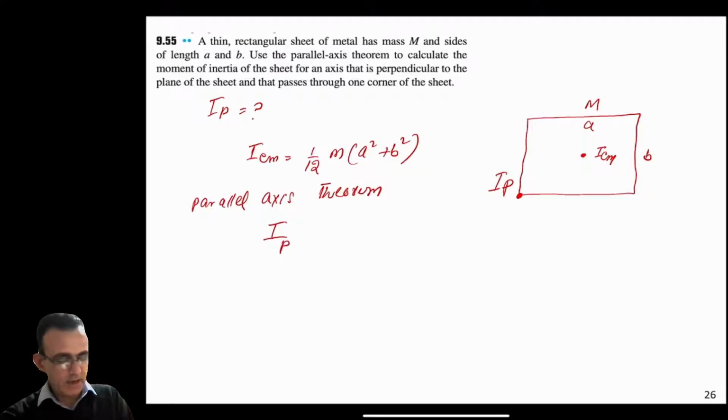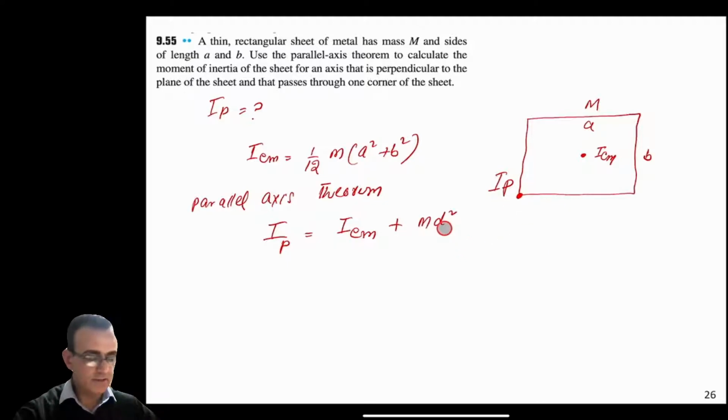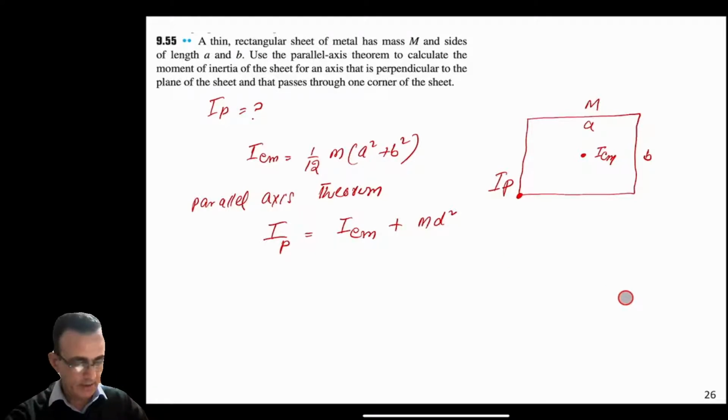So IP is equal to ICM, the center of mass, plus m d squared. Now this d should be the perpendicular distance between the center of mass and this point here, which we can calculate from this figure. So this is b by 2, and this is a by 2.